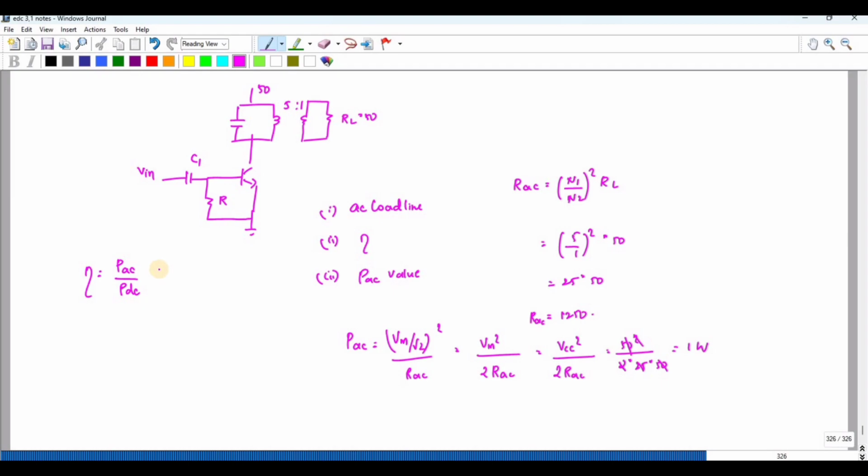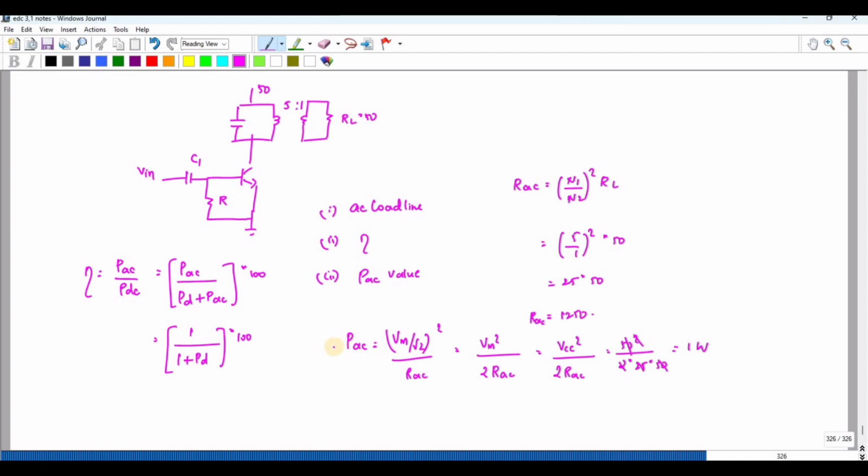In order to get the maximum power efficiency, it is PAC divided by PD plus PAC into 100%. So you substitute 1 divided by 1 plus PD into 100.